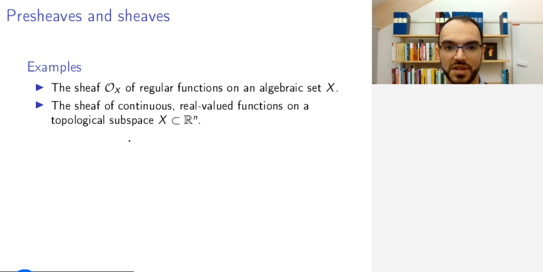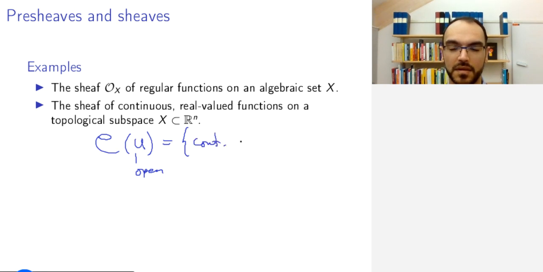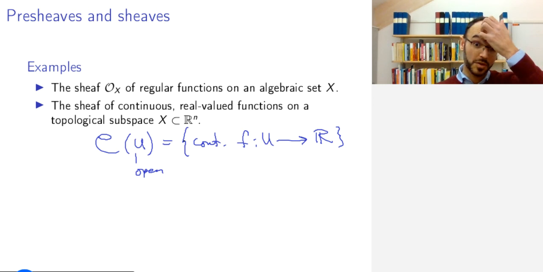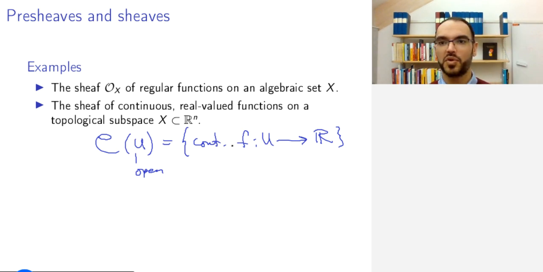You can do this more generally, but here, let's call this sheaf C. So for each open subset U of X, I assign the following ring, the ring of continuous functions from U to R. Continuous with respect to their usual topology and with pointwise addition and multiplication.